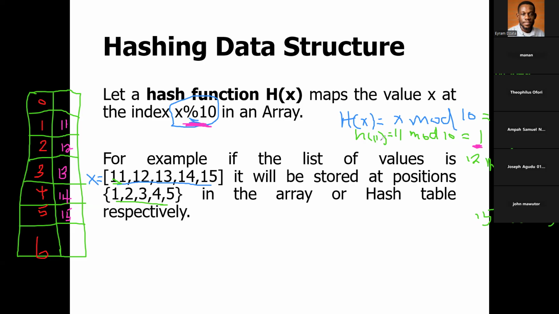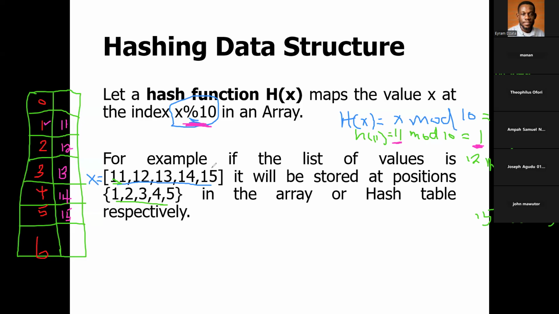That's h of 11. So 11 mod 10 will give us 1. Okay. So this 1 means we are going to store the value x, which is 11, at index 1. Are you clear? Okay. Yes, please, I get it.